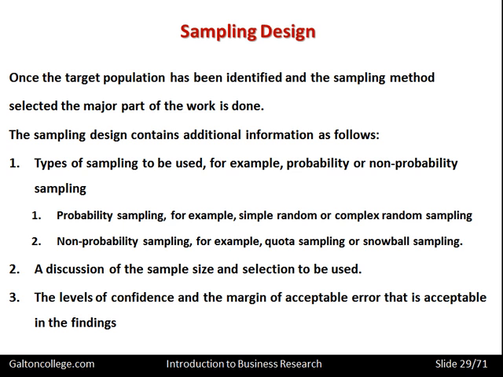The levels of confidence and the margin of error that's acceptable in the findings. Well, how confident do the researchers want to be in the findings? Do they want to be 95% confident that they've worked out how much is spent on this product? Do they want to be 95% accurate regarding the expenditure of customers on holidays every year?